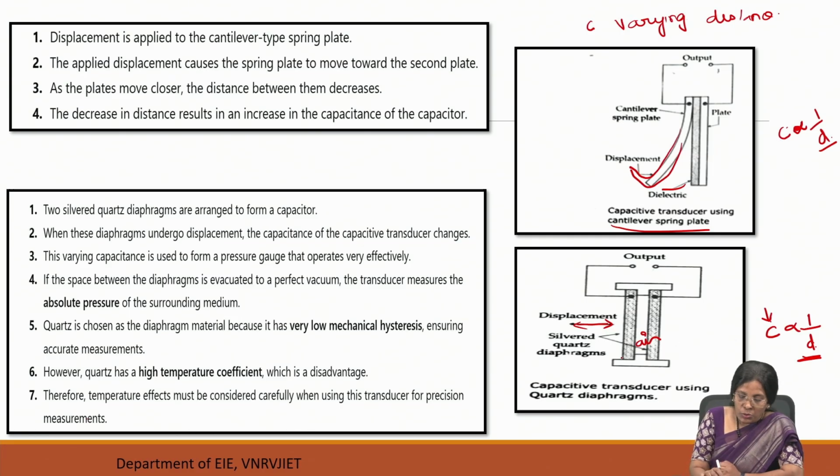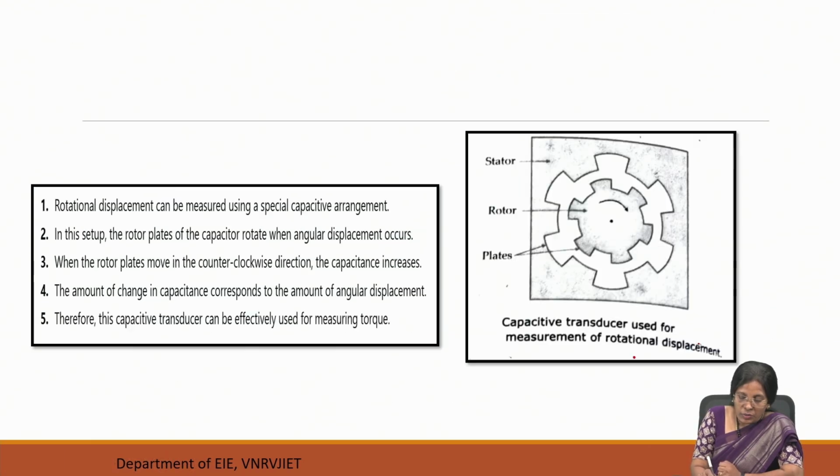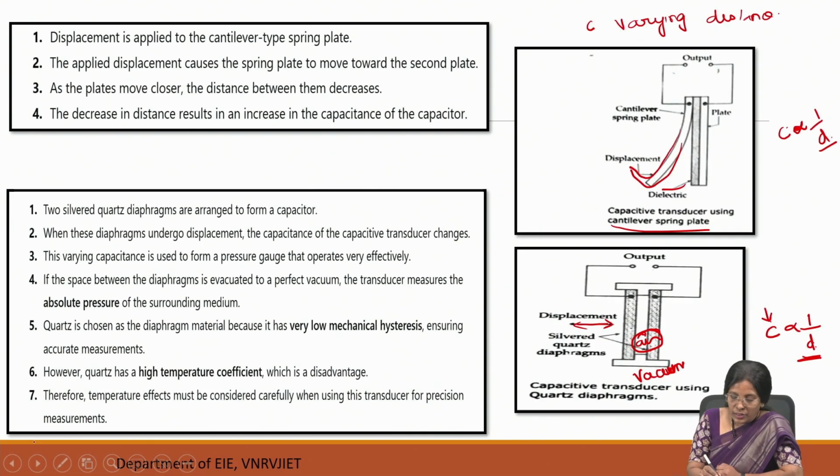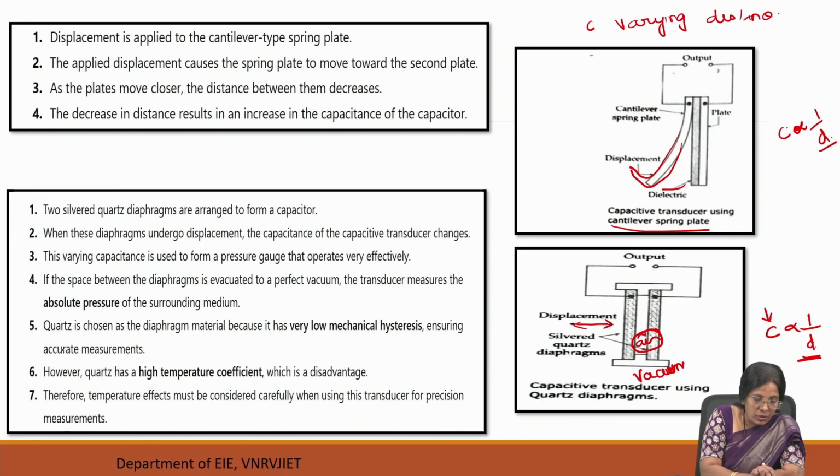And suppose we create a vacuum here as the dielectric medium, now it will act as an absolute pressure sensor. You can use it to measure absolute pressure.